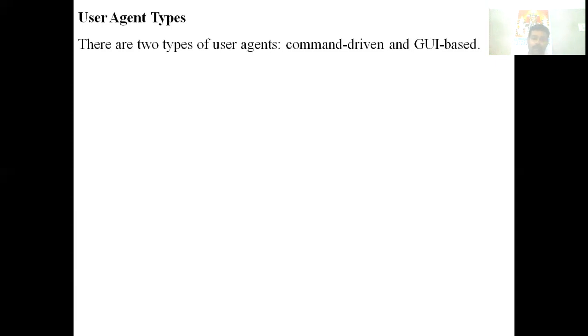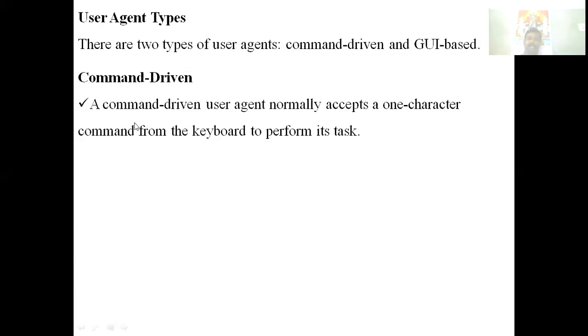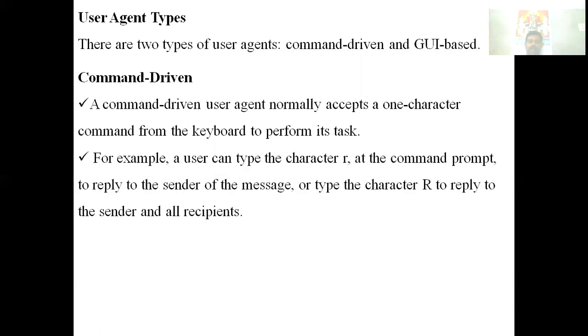There are two types of user agent. One is the command-driven user agent, and the other is the graphical user interface based user agent. First, command-driven. A command-driven user agent normally accepts a one-character command from the keyboard to perform its task. It accepts one command from the keyboard and does the particular task.